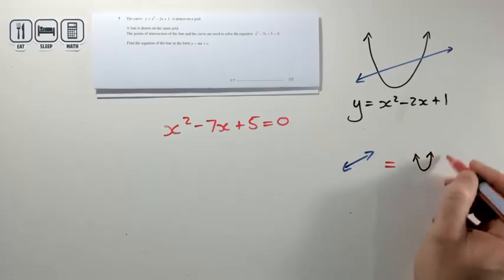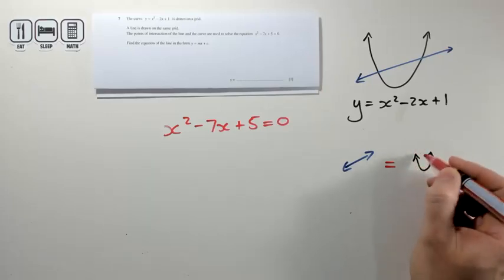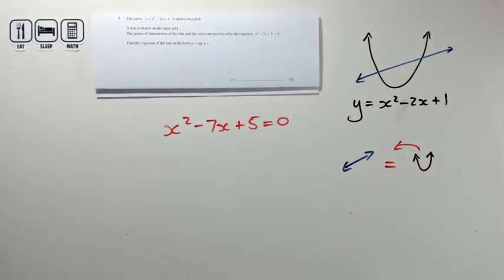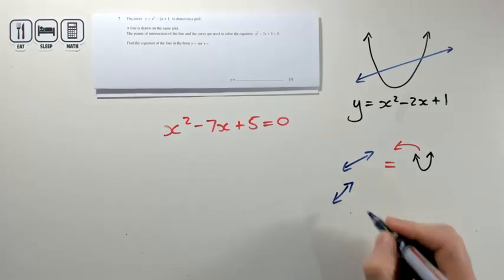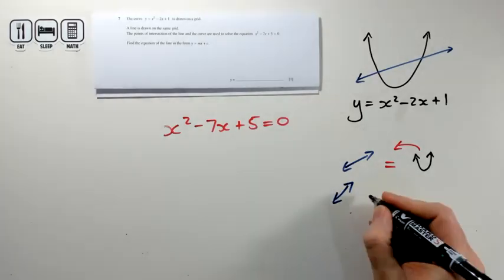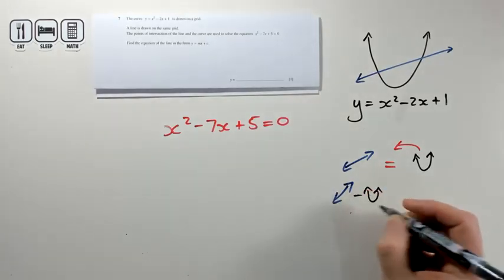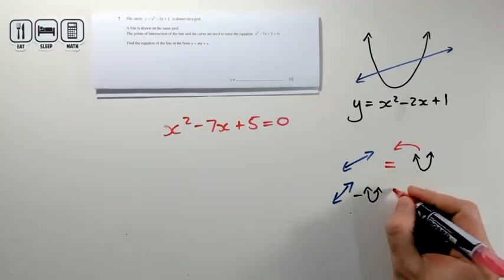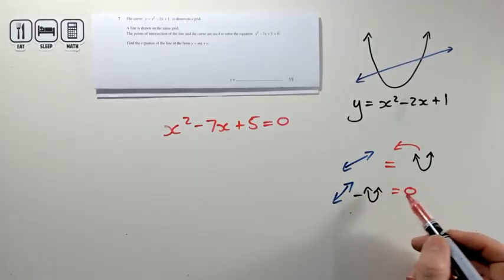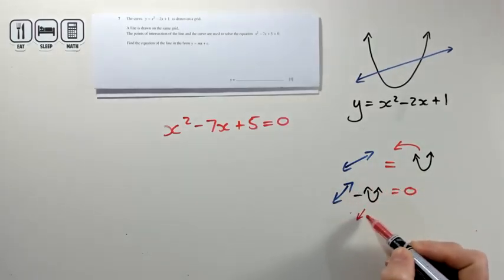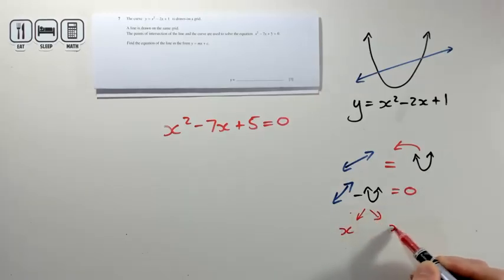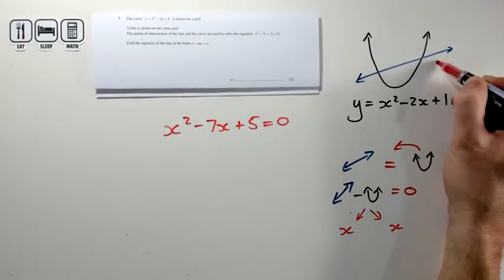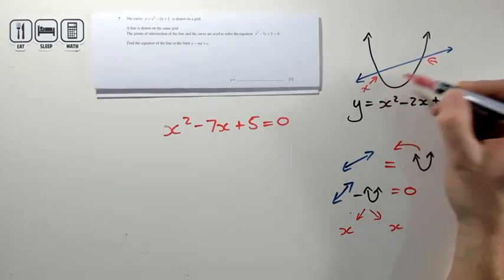Then I would take whatever this is and move it over, and combine the two. Like terms would be sorted, and this would be equal to 0. And then from here, I would get some x values.